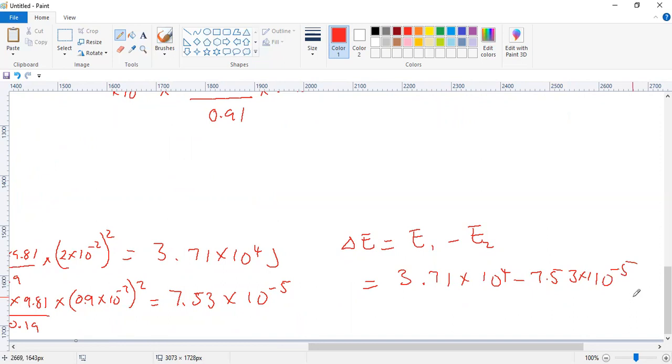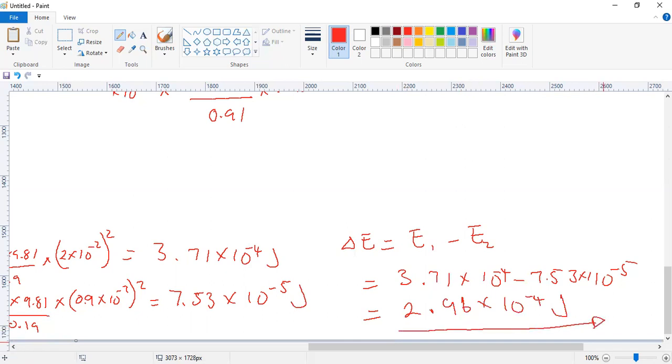Okay, so we'll get 2.96 times 10 to the power minus 4 joules.